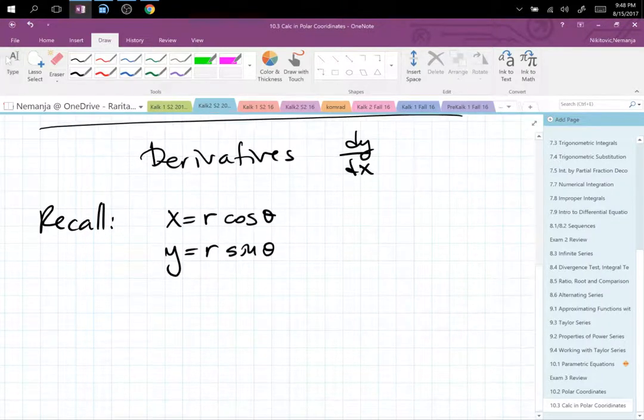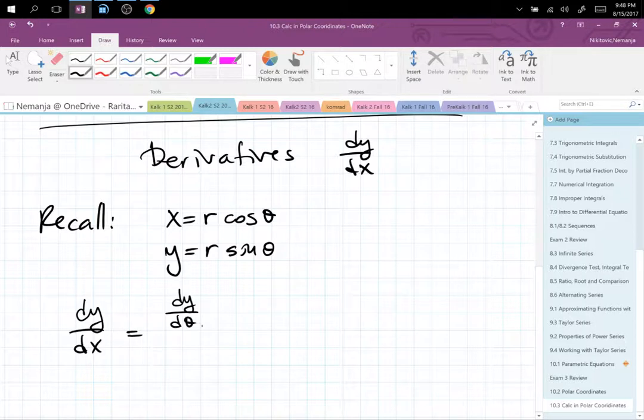So I'm going to start by writing dy/dx, and then I'm going to augment this with d thetas. So now we plug in the derivatives.